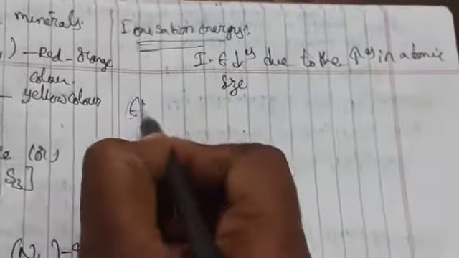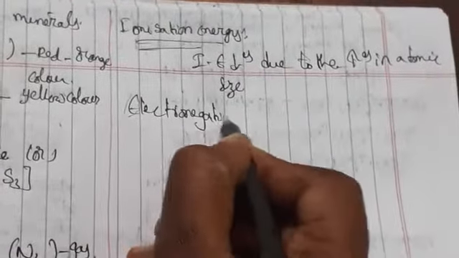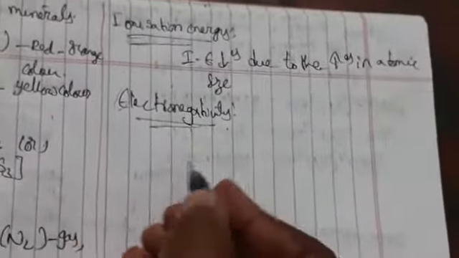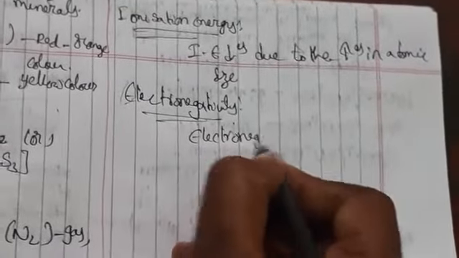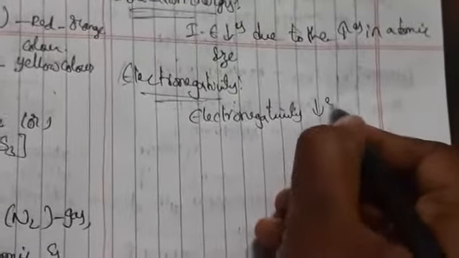So what about electronegativity? Electronegativity means the tendency to attract the shared pair of electrons towards itself. So what will happen here? Electronegativity decreases from top to bottom.